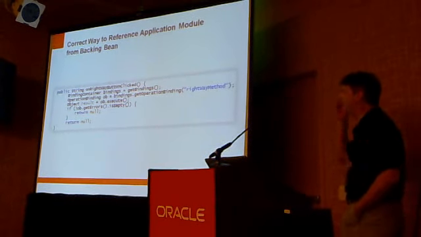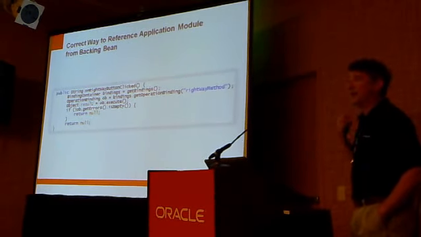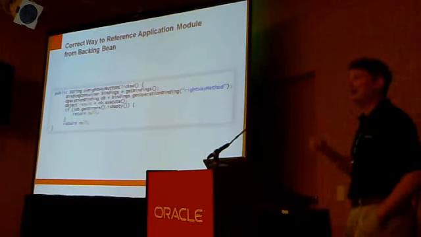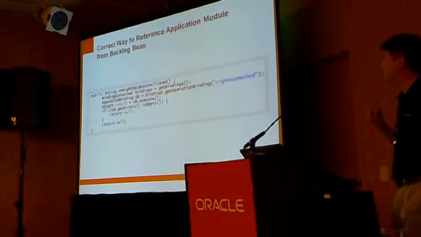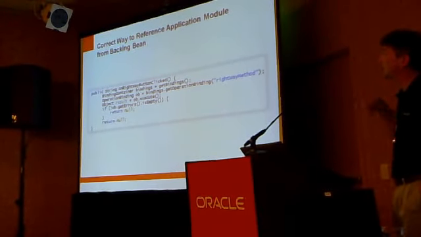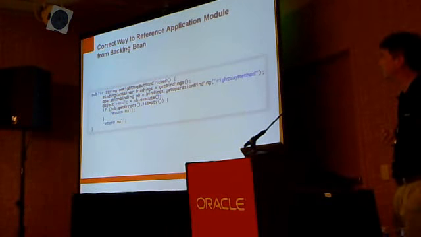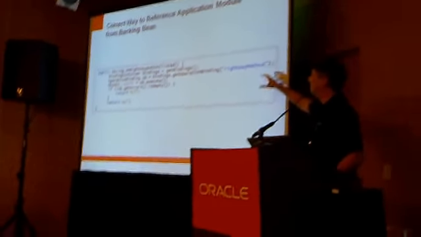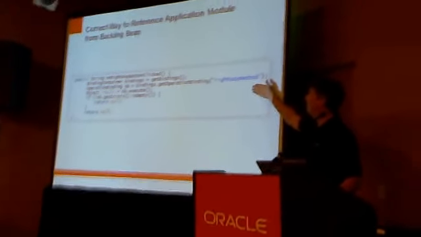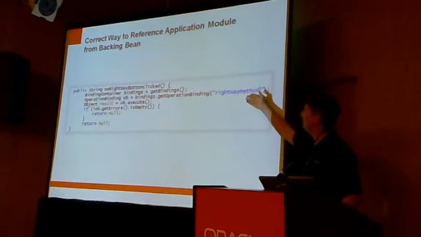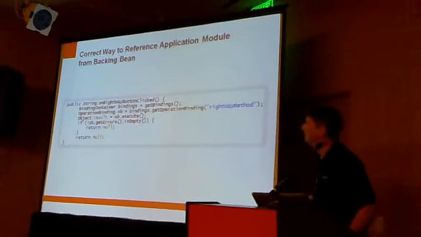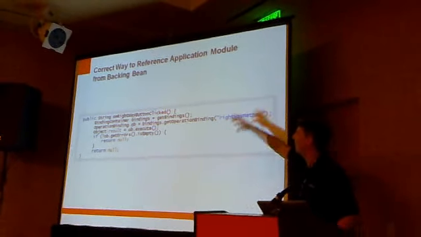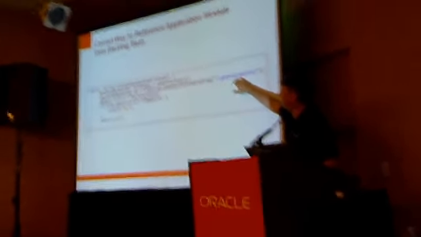Another very common problem that I see is in a backing bean, people want to access the application module one way or another, or cause a method to fire. And this is the correct way to do that. Let's say that just declaratively invoking an action called the right way method wasn't enough. You needed to write a little bit of code before or after invoking it.